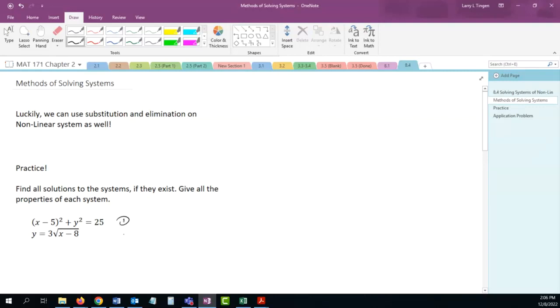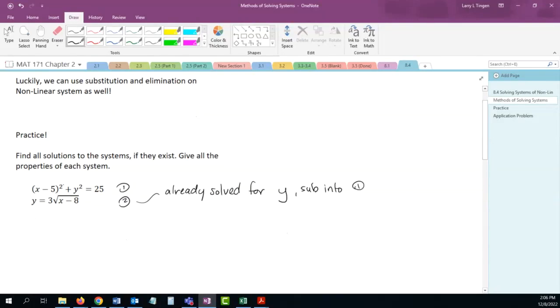Just like before, this is equation 1, this is equation 2, and take a look at that. Equation 2 is already solved for y in terms of x. So I'm going to sub this into equation 1. Equation 1 is a circle, right?